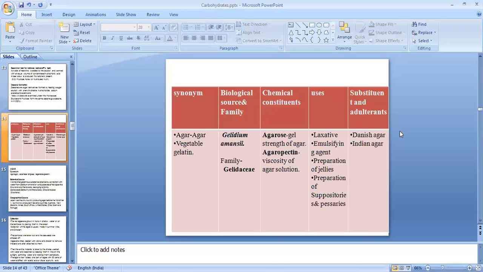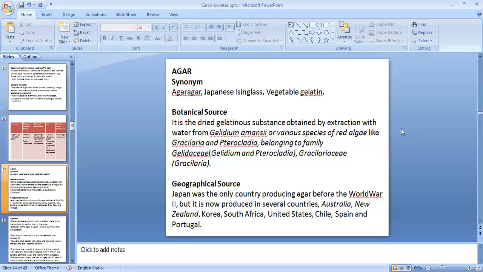The substituents and adulterants for agar are Danish agar and Indian agar. Okay, so now we will see the detailed pharmacognosy of agar. Agar, morphologically, is an unorganized drug.